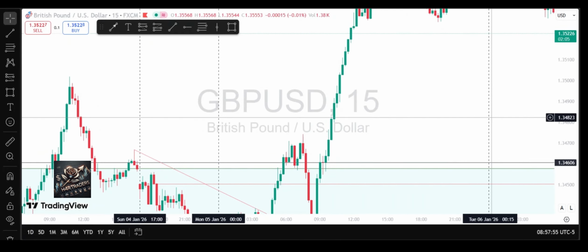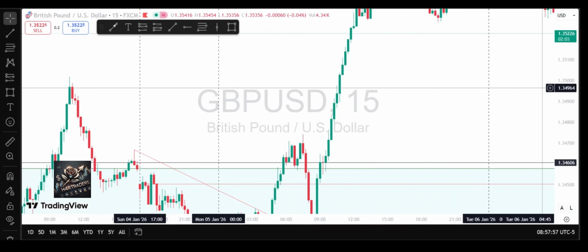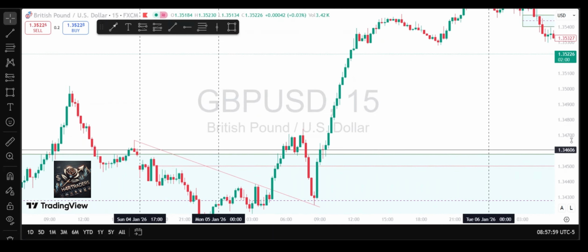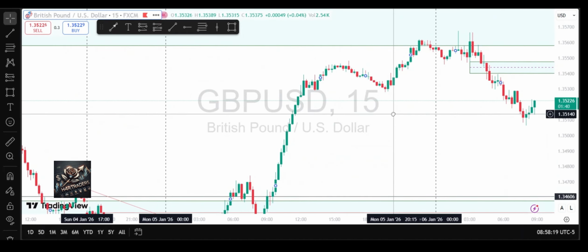We've counted 10, 20, 30, 40, 50, 60. We are out here. Then 70, 80, 100, more than 100 pips just for using your strategy and taking advantage of the zones that are mapped out.